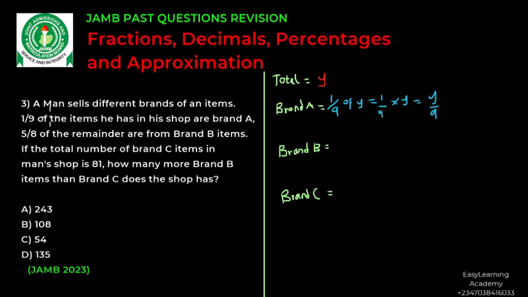Now let us deal with the next one. We're told 5/8 of the remainder are brand B items. So brand B is 5/8 of the remainder.